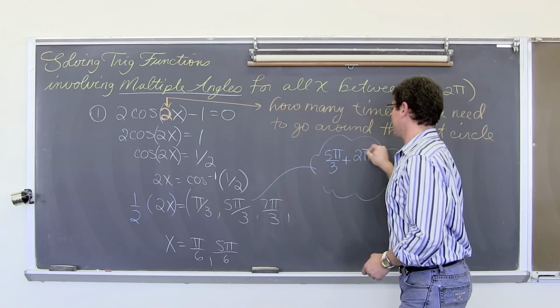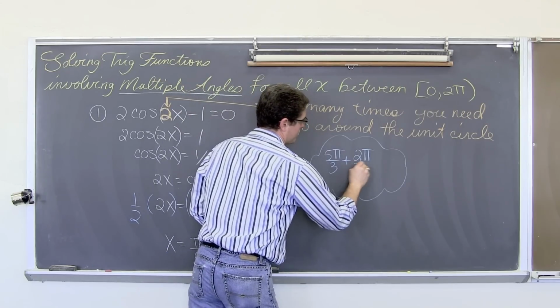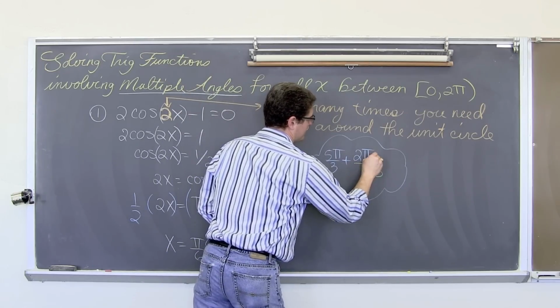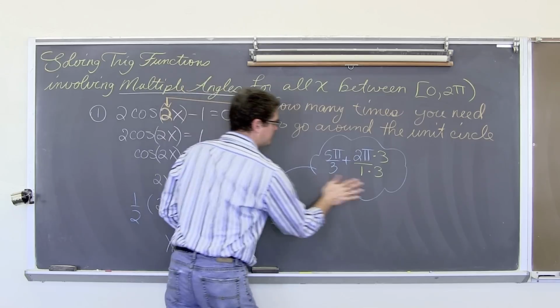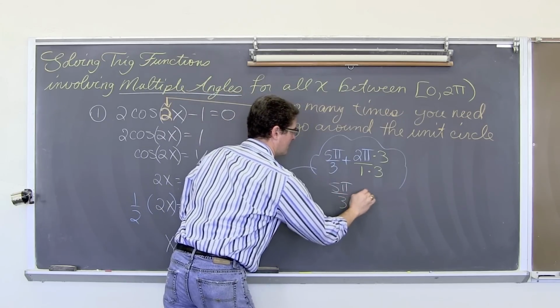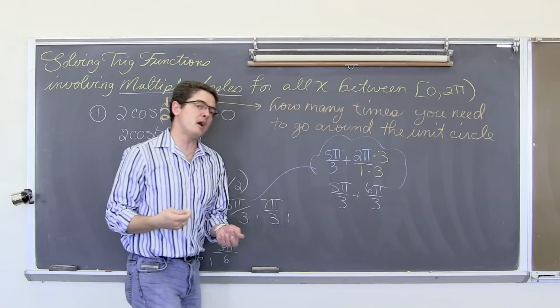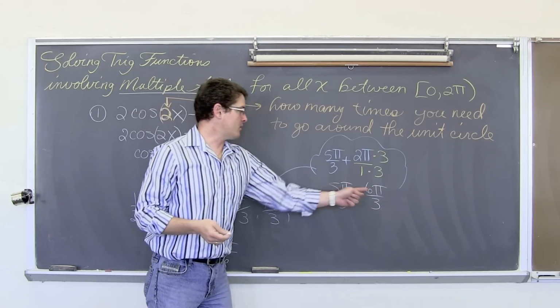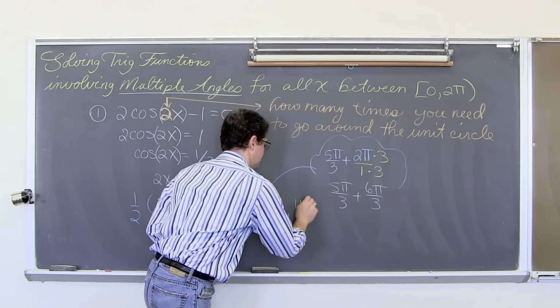And let's add another full rotation of 2 pi. Well, you're going to need a common denominator. So I'm going to multiply the top and bottom by 3, and we get 5 pi over 3 plus 6 pi over 3. Okay, so another possible answer, now that we have a common denominator, is 11 pi over 3.